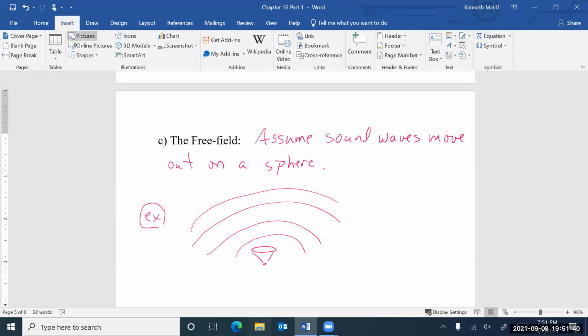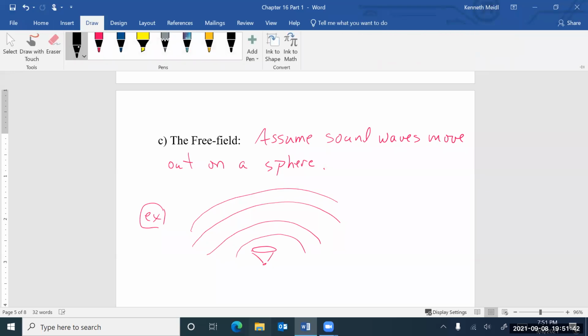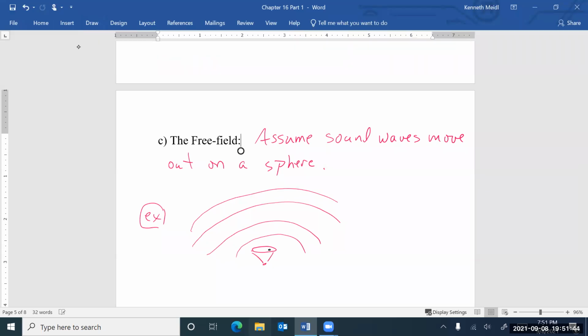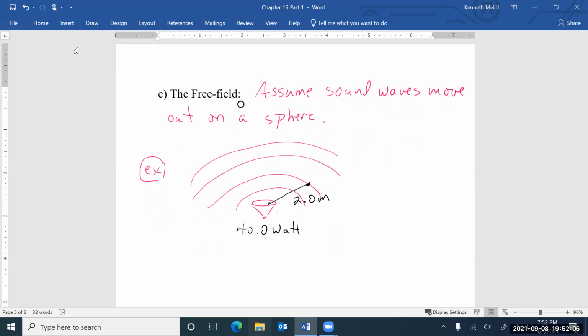Let me get a different color here. Let's say that you're here at maybe 2 meters, and this is a 40 watt sound wave.